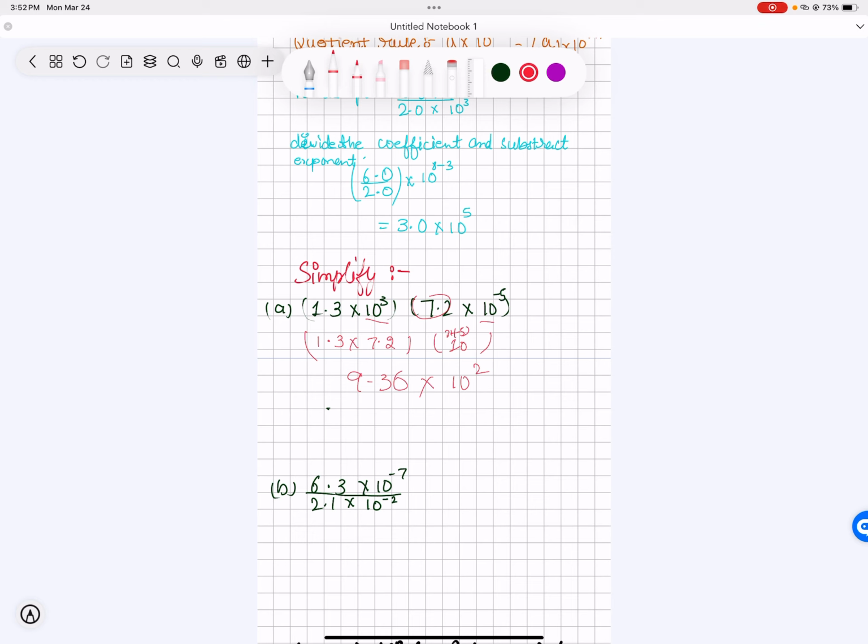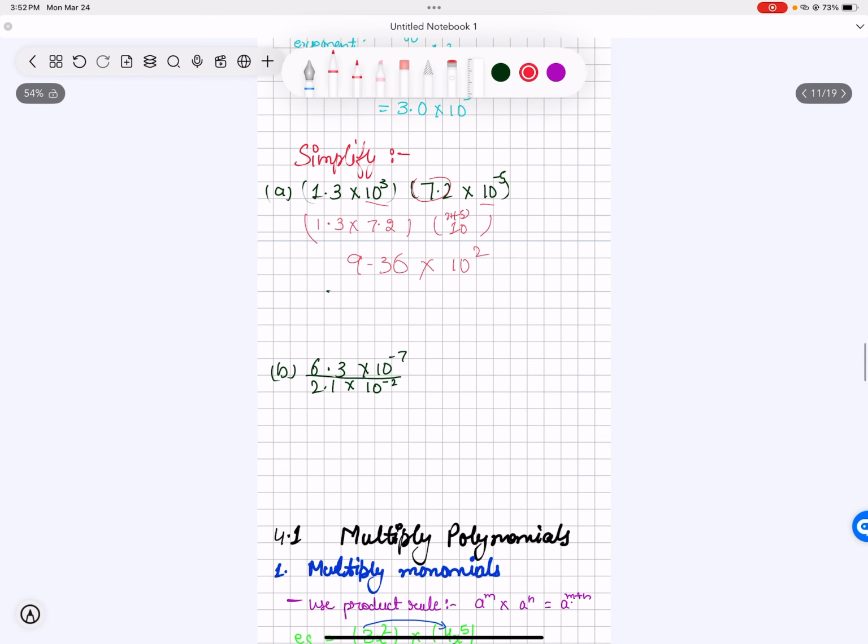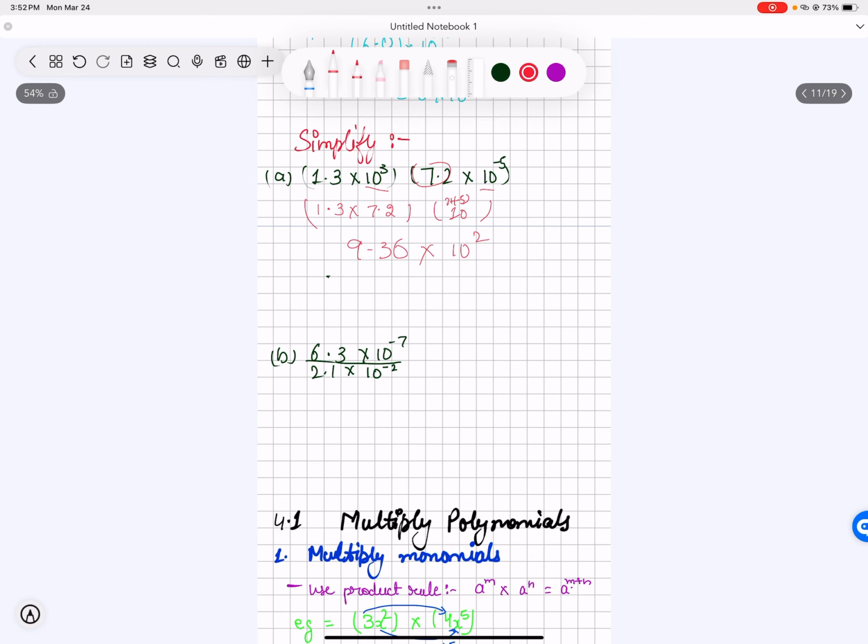And then for the next one, I have 6.3 over 2.1, and I'm gonna separate those. I'm gonna keep the 10 as it is and subtract the exponents, so it's gonna be 10 to the minus 7 minus minus 2, which ends up being minus 5.